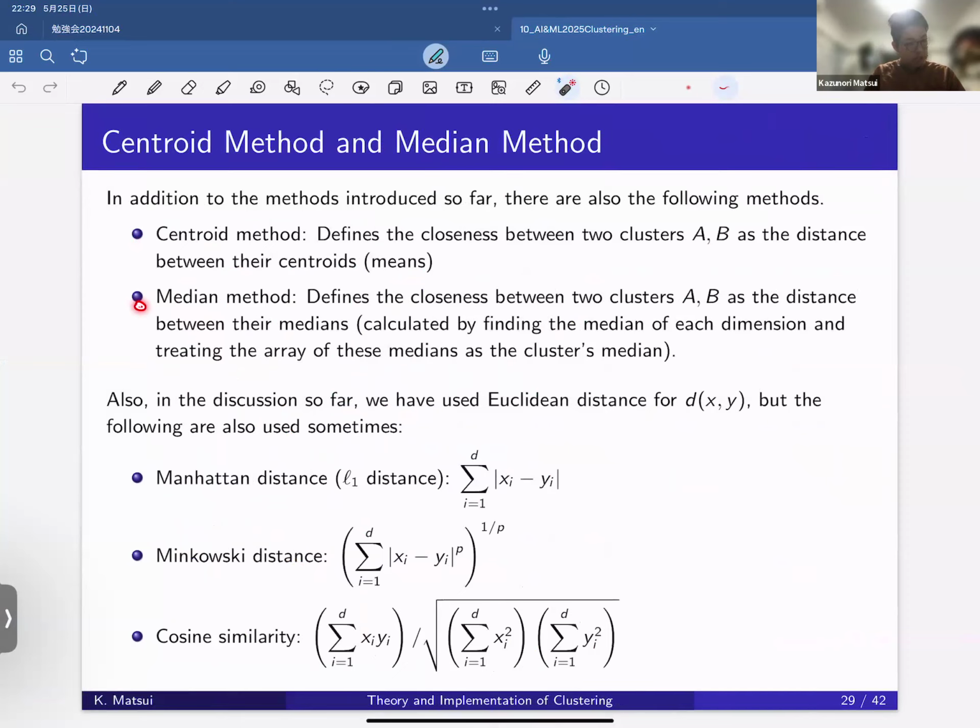The median is usually determined in one dimension. So, more precisely, here, this one.